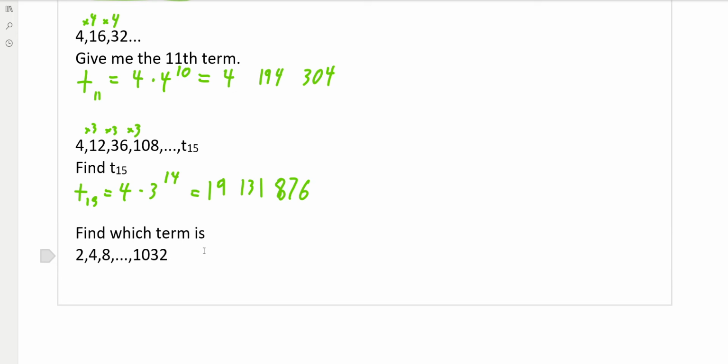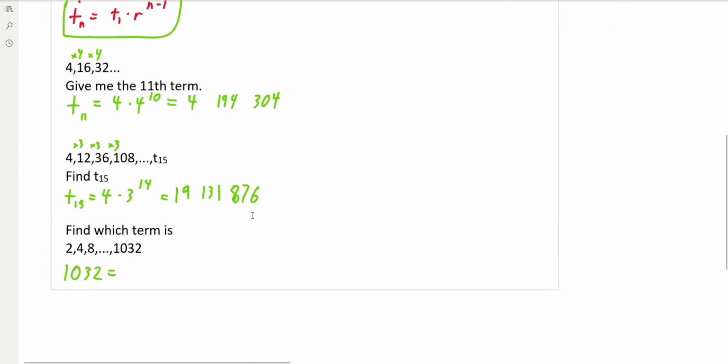Okay, so what you can do here to solve this is to plug in your value for the Tn. Maybe I can zoom out a little bit so you can see the original red equation at the very top. T1 is 2. Times R is 2 as well, n minus 1.